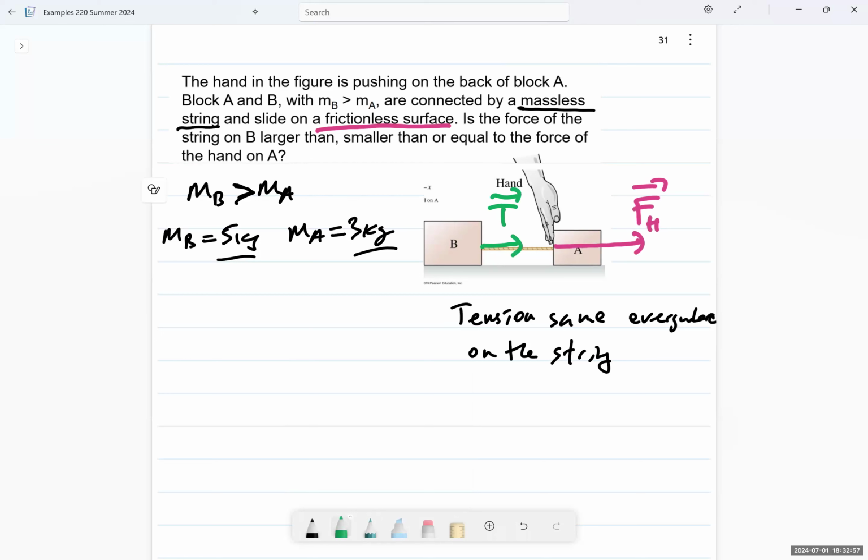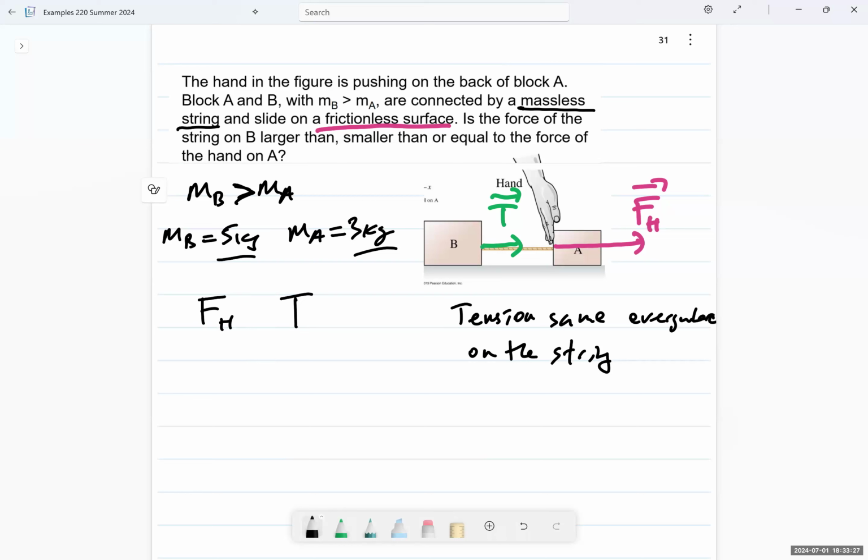So this will be the force of the hand acting on A, and the tension from the string acting on B. The question is how are those compared? Is this greater, is this one smaller, are they equal to one another? All right, so let's see what we can have.